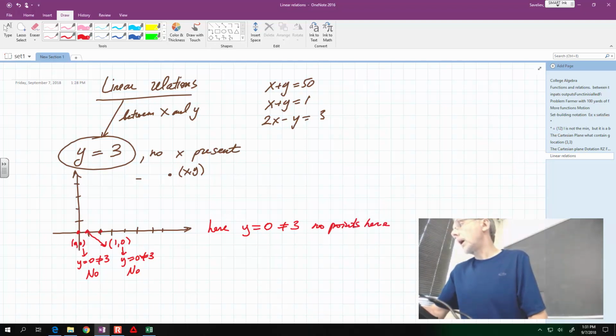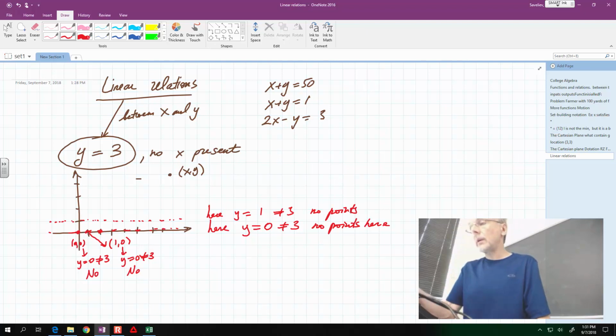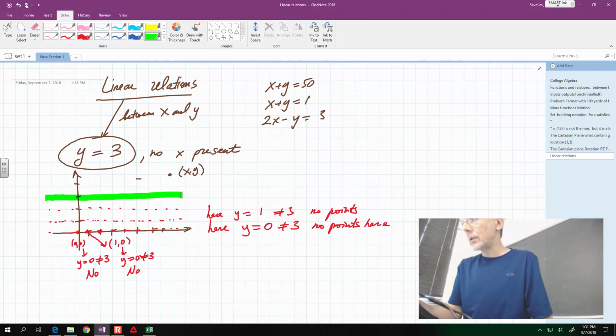So every point on the x-axis is not on the graph. Then you take one step up and look at these points. Here y is equal to 1, once again not equal to 3, no points. You keep going, and until you reach this location, you will not get any points.